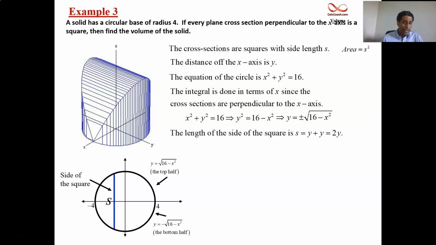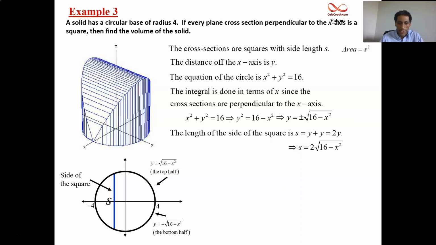This thing has to be done in terms of x, so rip out the y and put in the formula for it, which is root 16 minus x squared. That's what S is, not exactly root 16 minus x squared. Remember, it's double that. What's your formula? Just take S and square it.